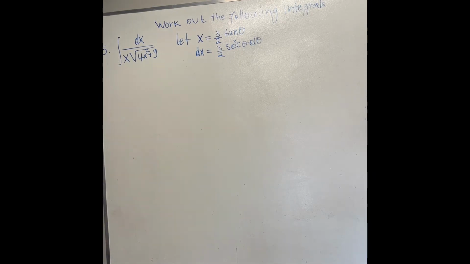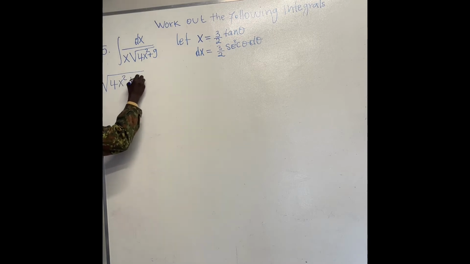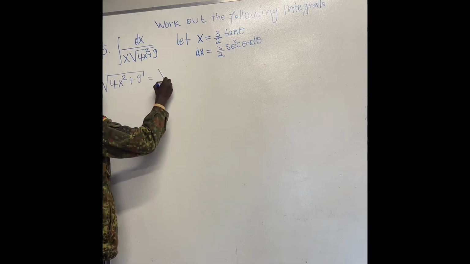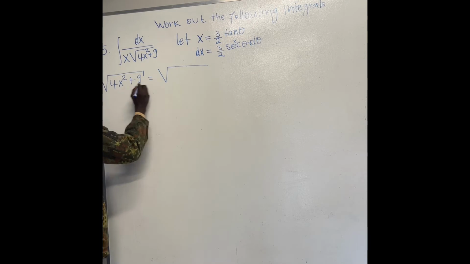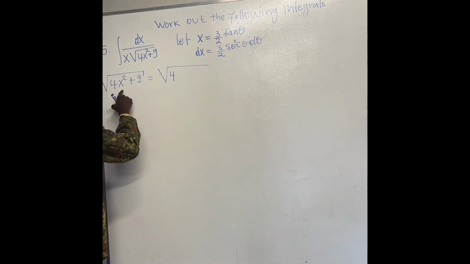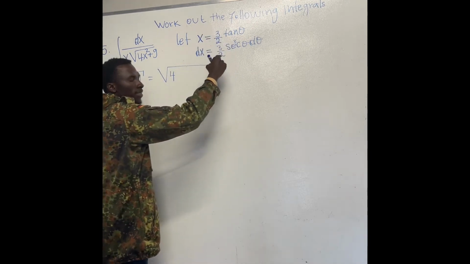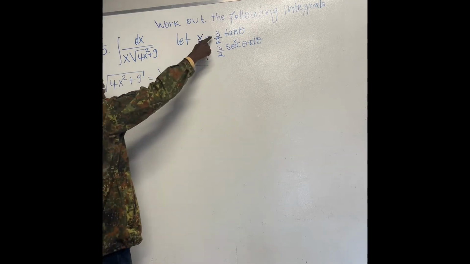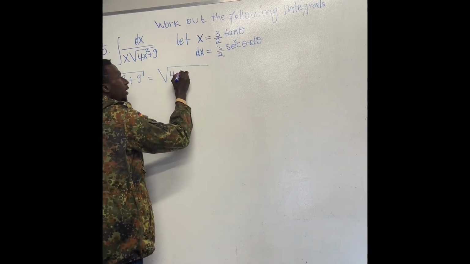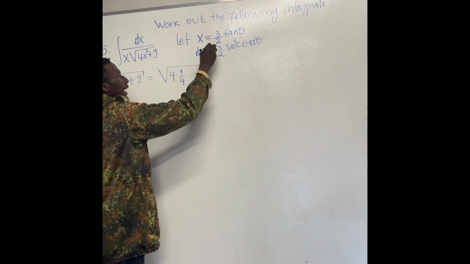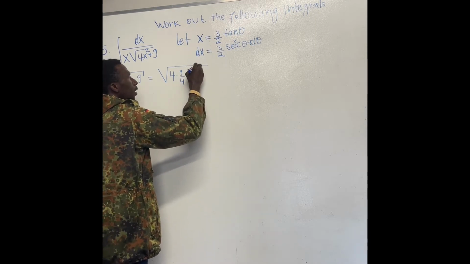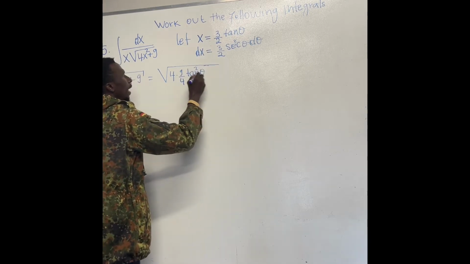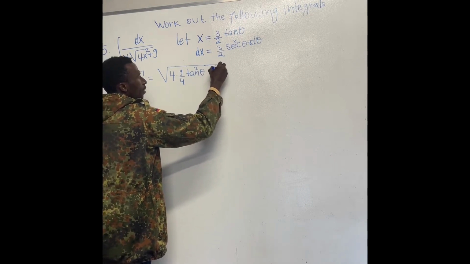So now what we will do is find this expression, the root of 4x squared plus 9. We're going to put the 4 there. What is x? You already said x is this side. So what is 3 over 2 squared? It is 9 over 4. And tan squared theta, and then plus 9.